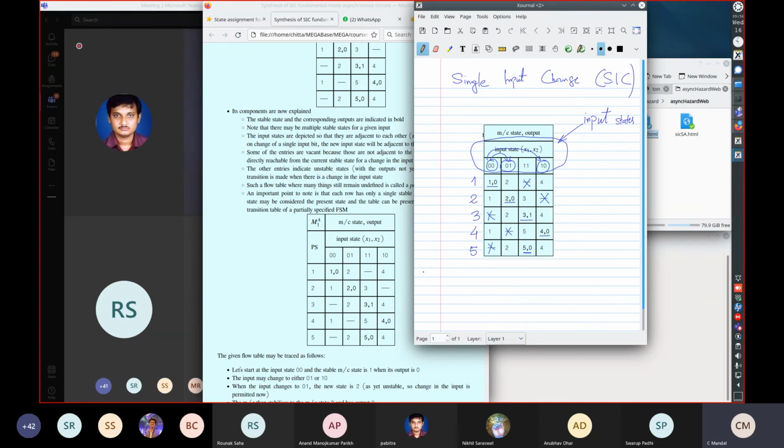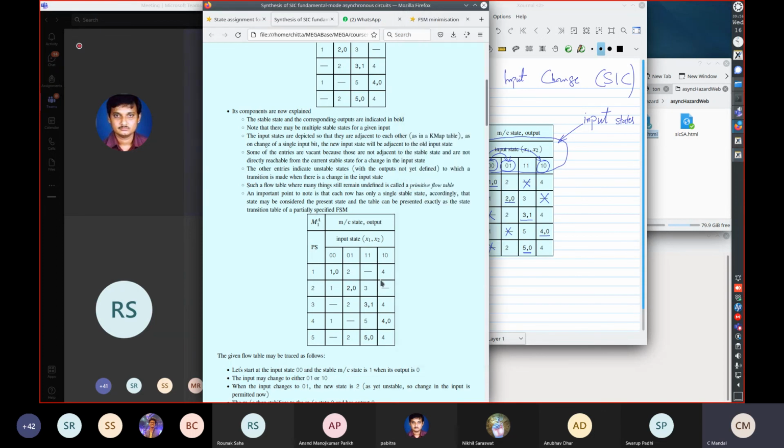So this is a table that we can consider for optimizing this machine, much the same way as we optimized the incompletely specified machine. So I think we'll stop here now, and we'll take it up from here tomorrow. Okay then.